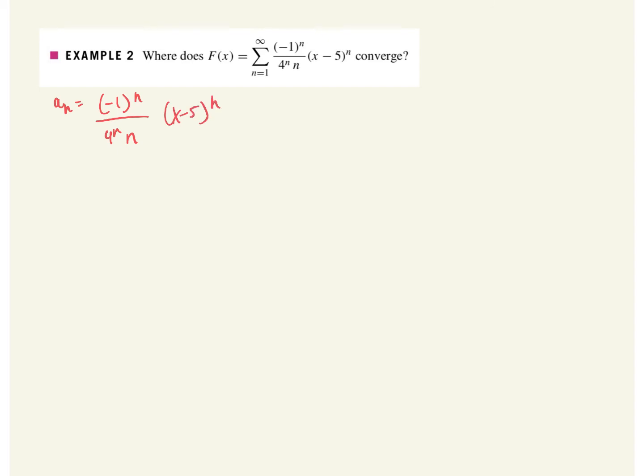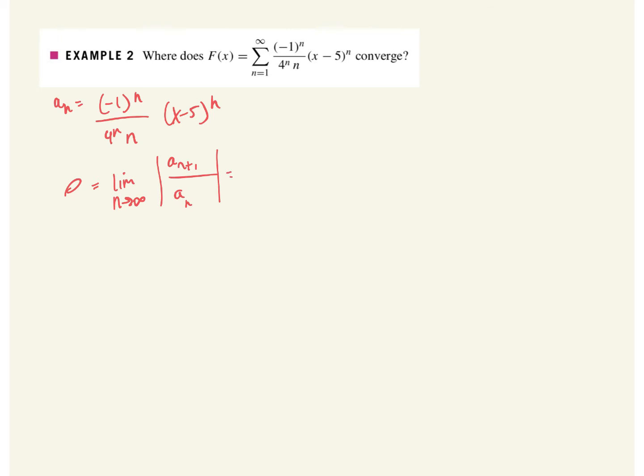Okay, so again, we're looking for that limit as n approaches infinity, absolute value of a sub n plus 1 divided by a sub n. And we want to know, when is this less than 1?